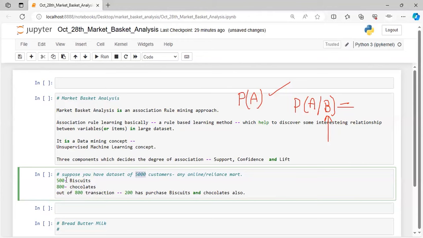Among this, you are finding 500 biscuits, 800 chocolates, and 200 has purchased the biscuits also. So the combination of biscuits plus chocolate, we are finding in 200 transactions.